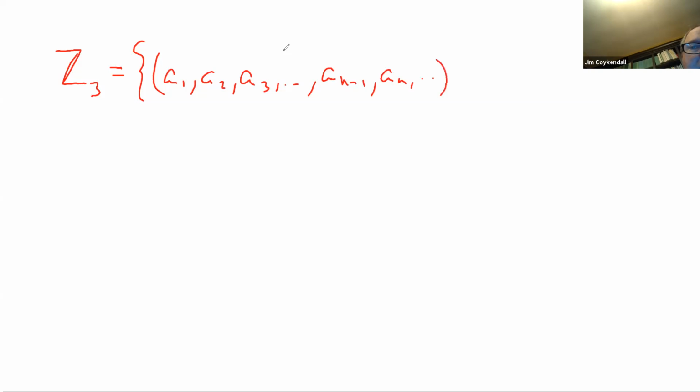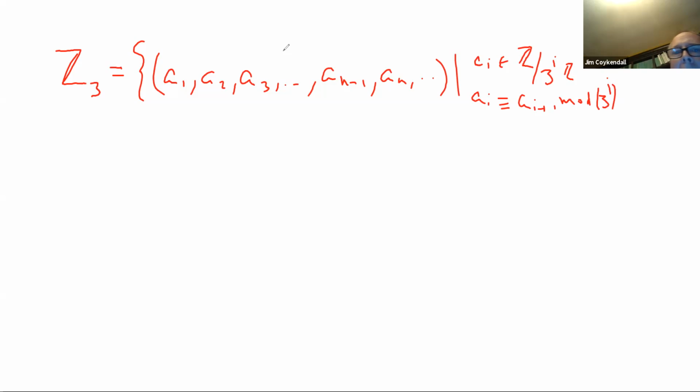So, for example, sequences forever and ever, where Ai is in Z mod 3^i Z, and Ai is equal to A(i+1) mod 3^i.